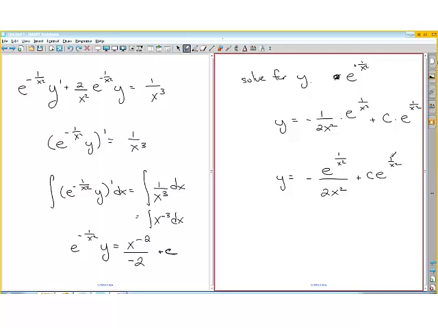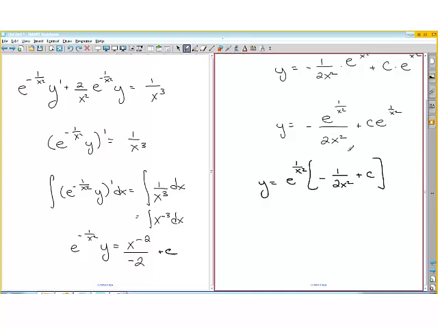We haven't finished it completely, but let me just check it to this point, because we have to apply the initial condition. Yeah, they do a little bit of simplification here, so let's just do that. If we factor out e to the 1 over x squared, what's left is negative 1 over 2x squared plus c.